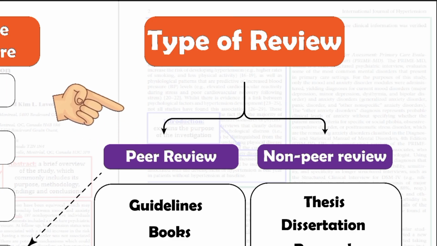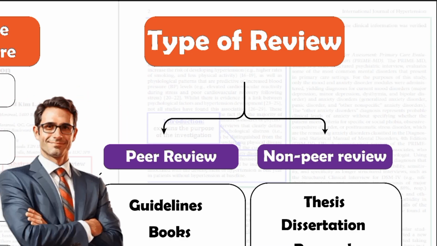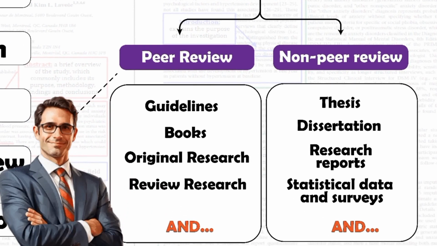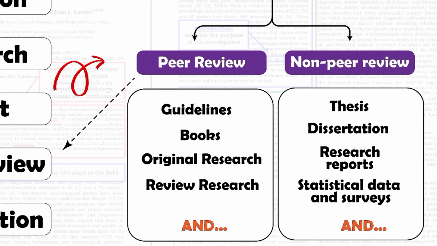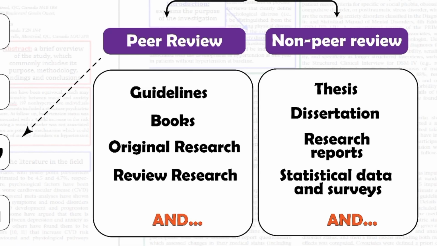That is, the research is evaluated by scholars in the same field of expertise. This type of review ensures that an article or paper is recognized as scientifically valid and can enter the scientific literature. In contrast, there is non-peer review. In this case, the work is examined by individuals who may not have precise expertise in that specific field.